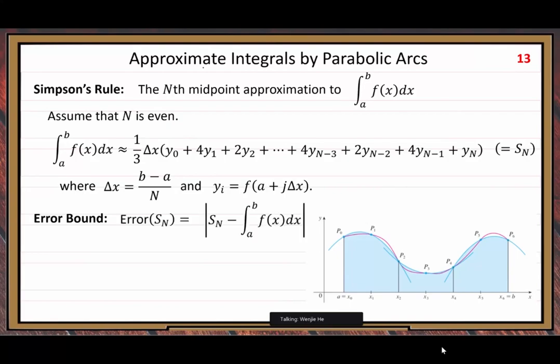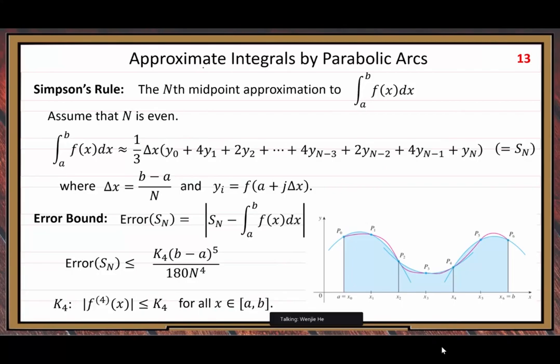The error bound can be given by K4 this time. That means we need to use higher derivatives, the upper bound for the fourth derivative.